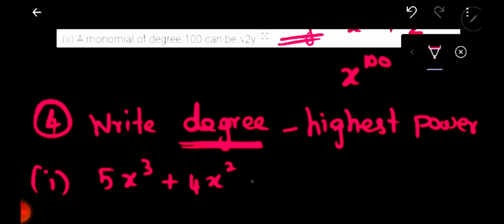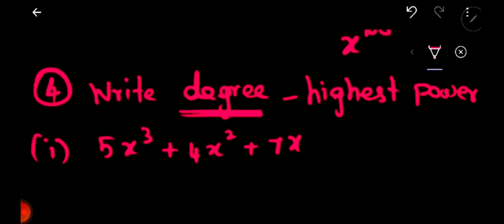So the first question, 5x cube plus 4x squared plus 7x. This polynomial has 3 terms. The first term is 5x cube, so the power of the first term is 3.